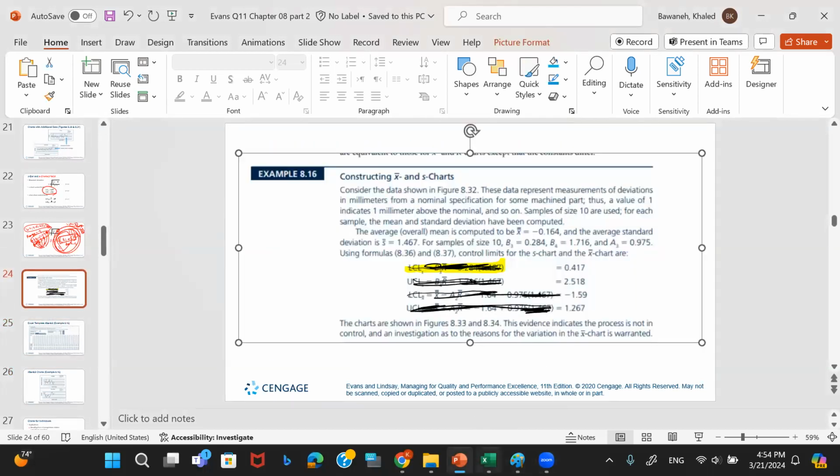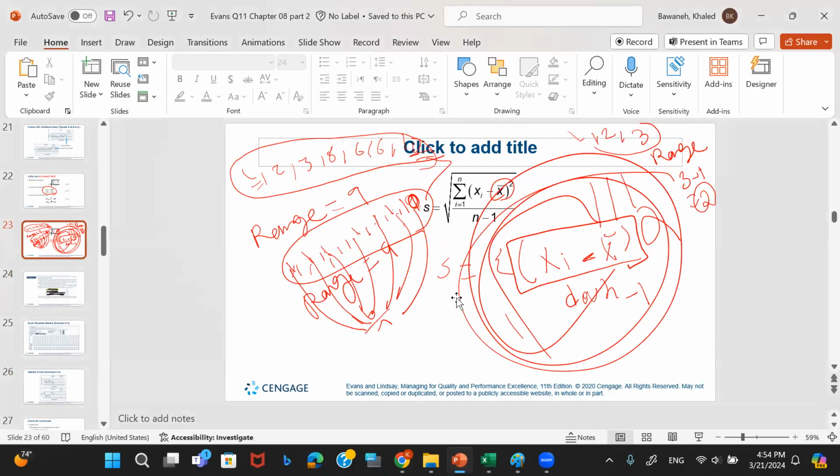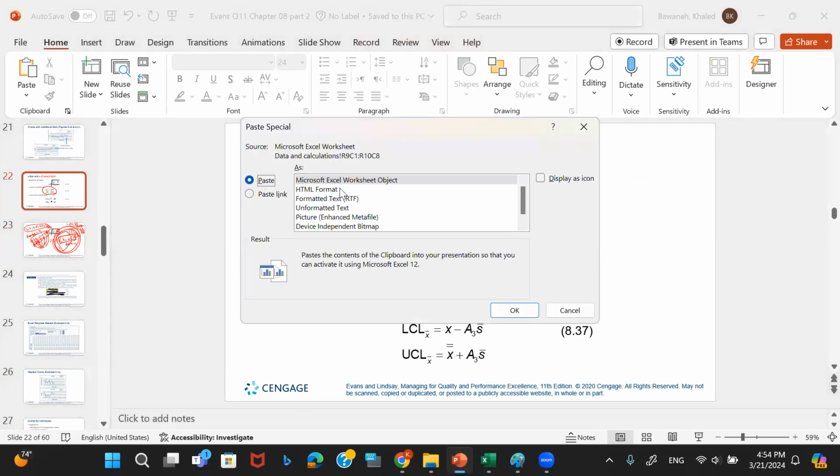Of course, you can do everything in Excel here, but I will do it by hand. I will put these values somewhere here.